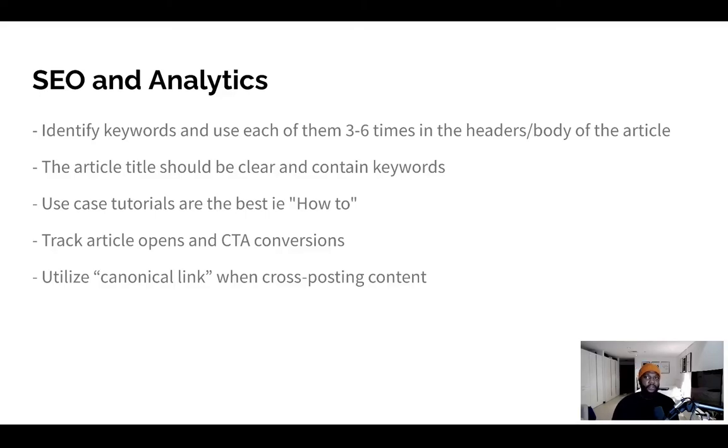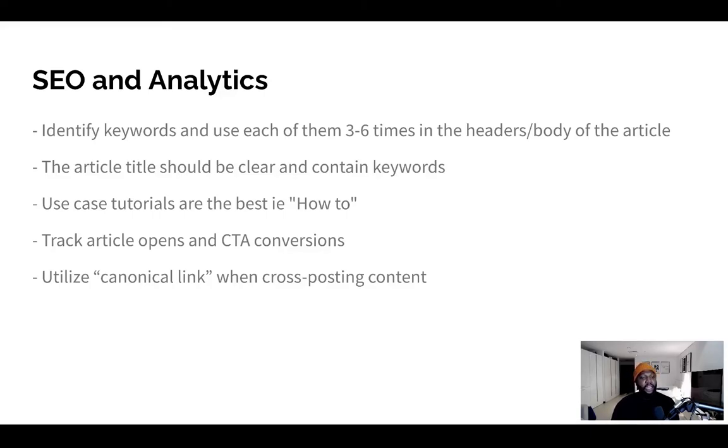You ask yourself as a developer, as an engineer, when you want to find a solution to a problem, what do you search for? You search for how to add an image to a landing page, right? So that's what people would search for. And if you have these in your blog post, Google will rank you higher. At least that's what I think. I don't work at Google. Just my recommendation.